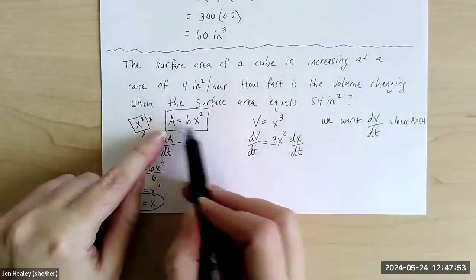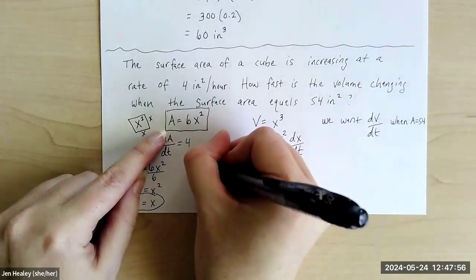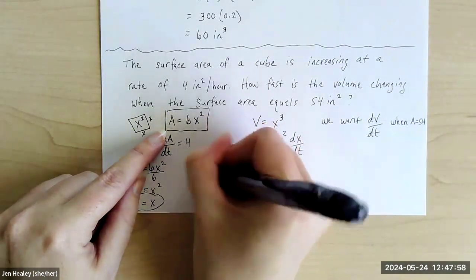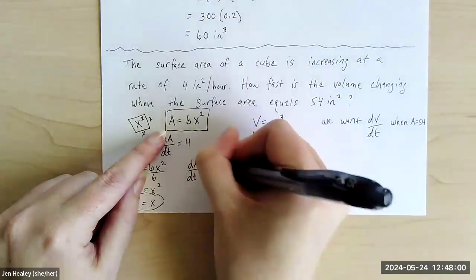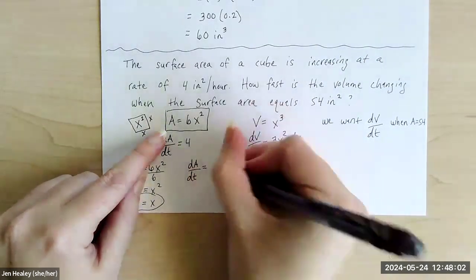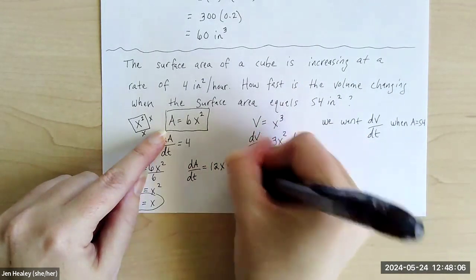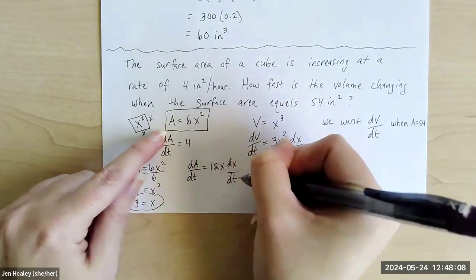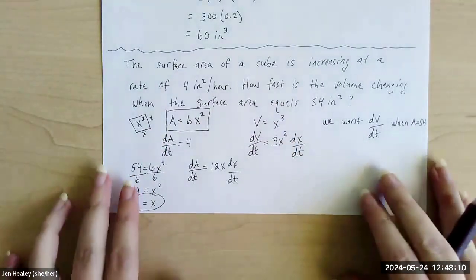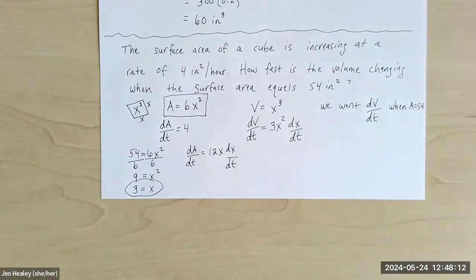So if I come back to this one again and I do dA/dt, this should be 12x dx/dt, and that's where I'm going to be able to go get my dx/dt. And the reason that's going to be okay is that they told us dA/dt has to be 4, so I can put 4 in there. I know what I need to plug in for x now, and so I'll be able to go get the dx/dt.